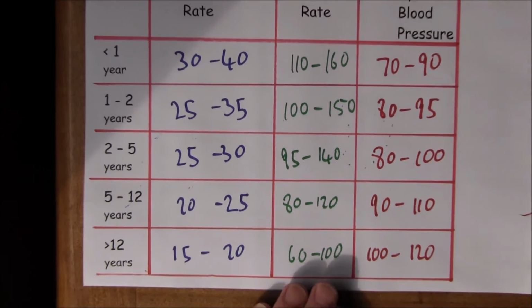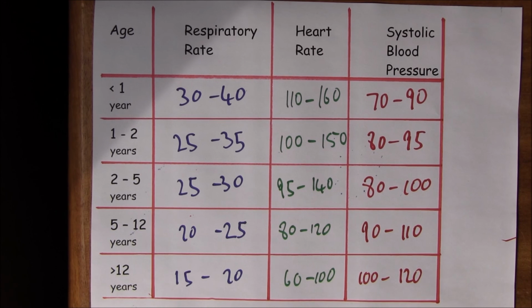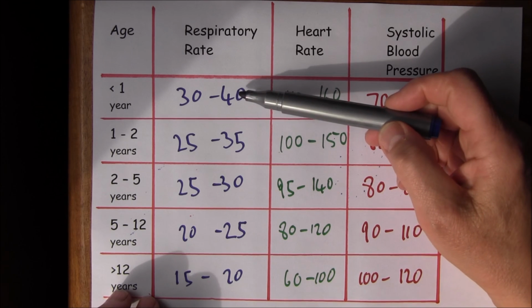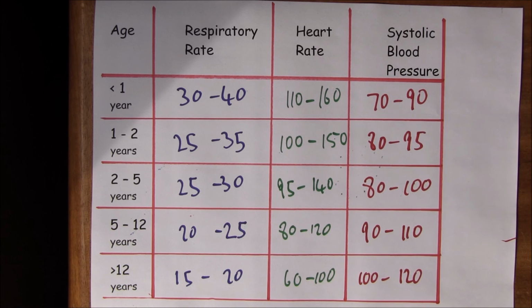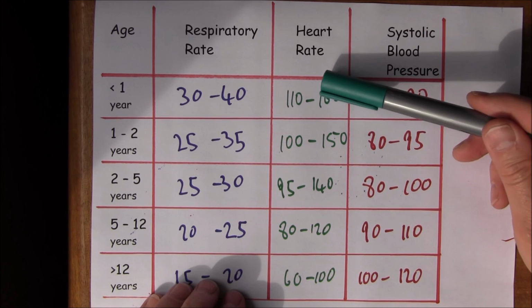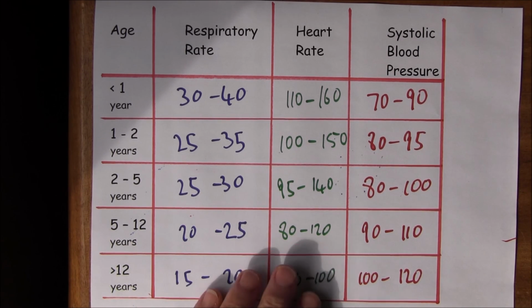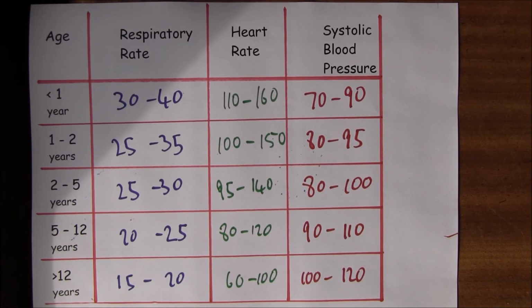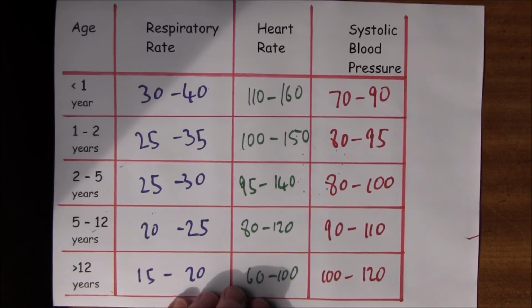What is normal for a particular age of child? Essential knowledge. But also what we've looked at helps us to understand why the normal range of respiratory rates goes down with increasing age. Why the normal range of heart rates goes down with increasing age. But why the normal range of systolic blood pressures is going to go up with increasing age.